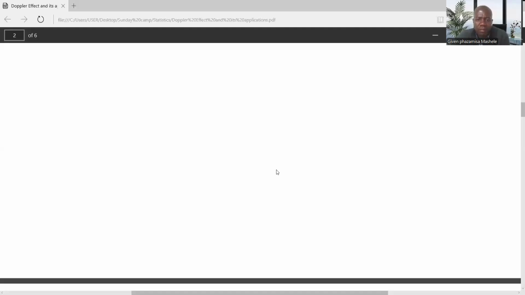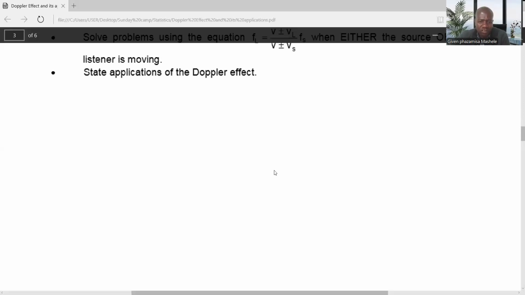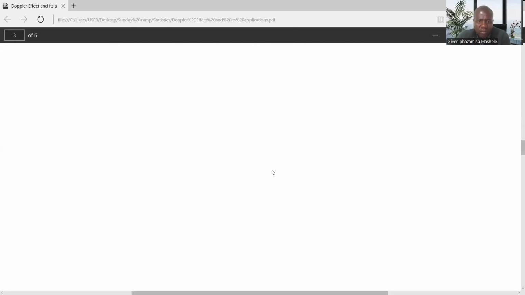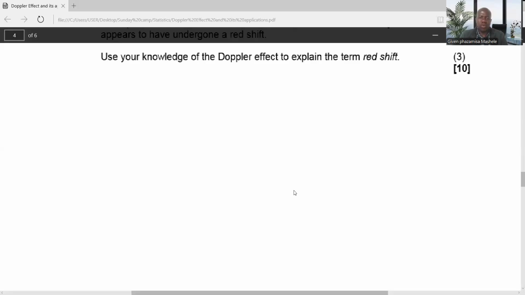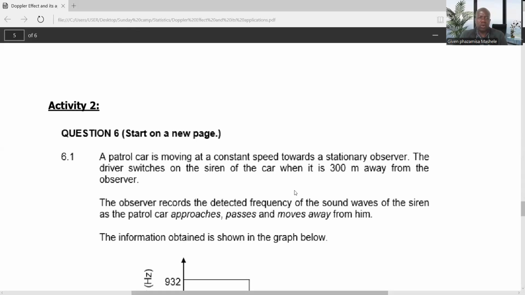I'll just do one example, then the others I'll just go through, but you must make sure that you try to solve them on your own. After this one, we'll end the session.